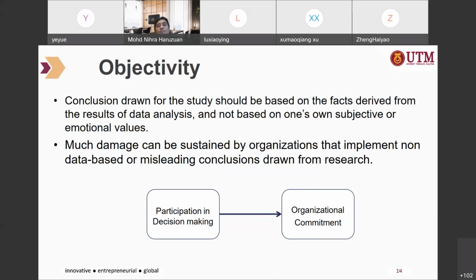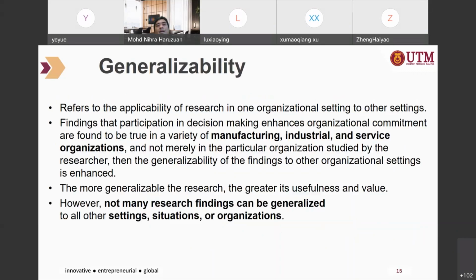How about generalizability? Your finding should be generalized to other applications. It refers to the applicability of research in one organizational setting to other settings.